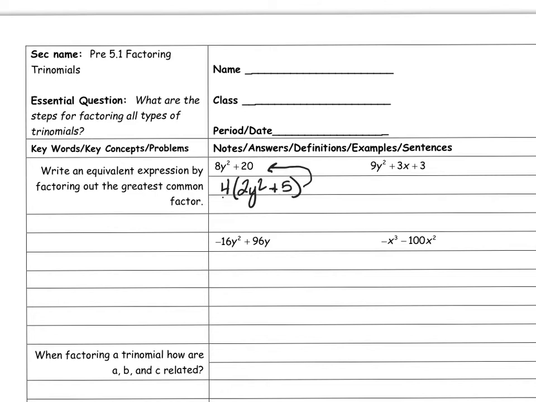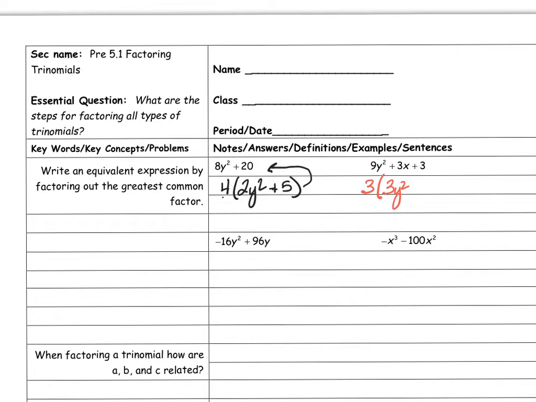It's got 3 terms. I'm still doing the same thing. I want to find out what goes into 9y squared plus 3x plus 3. So I need to find out what goes into 9, 3, and 3. Well, we know that 3 does, and there are no variables that are the same, so I'm just going to factor a 3 out. So 3 goes into 9, 3y squared. So 3 times 3y squared just gives me 9y squared.